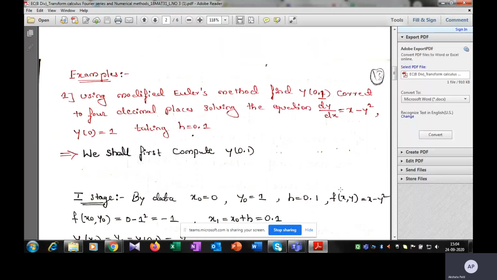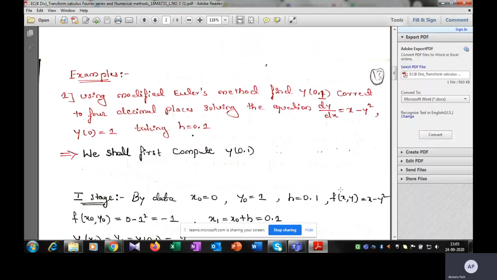Using modified Euler's method, find y of 0.1 correct to 4 decimal places, solving the equation dy by dx equals x minus y square, y of 0 equals 1, taking h equals 0.1.